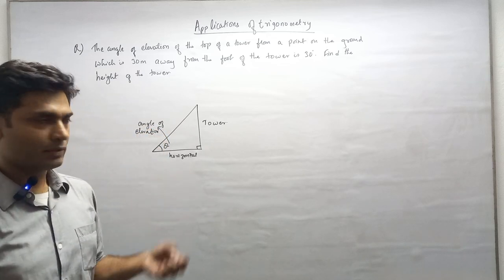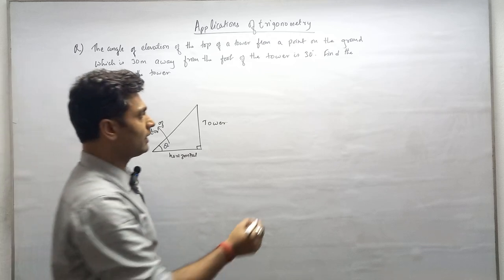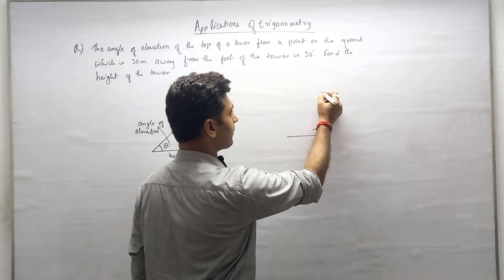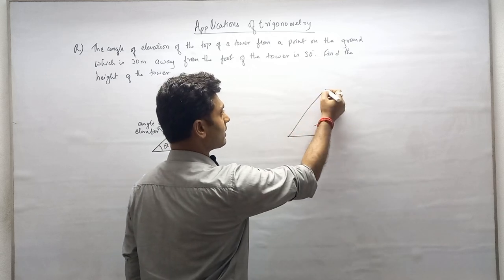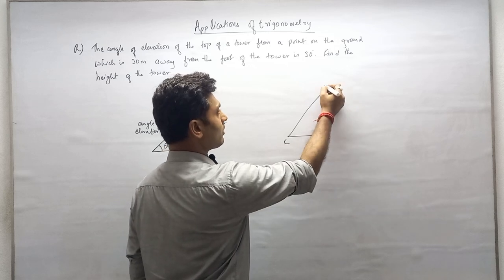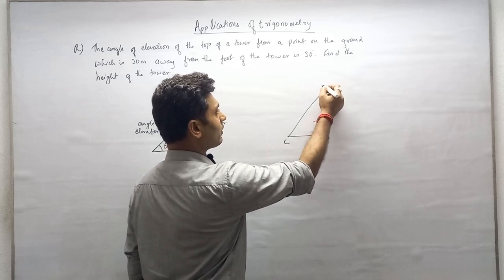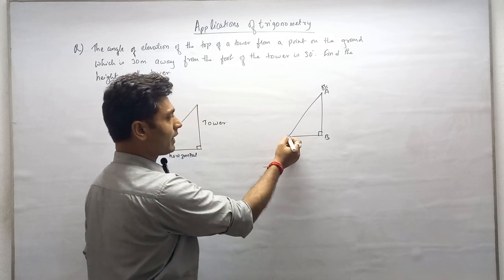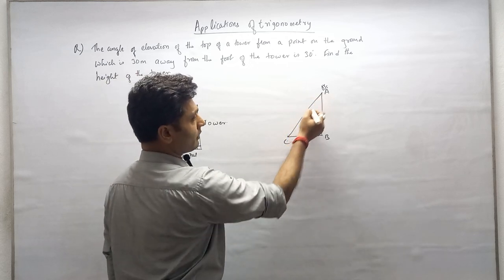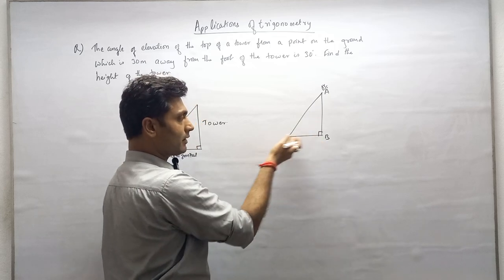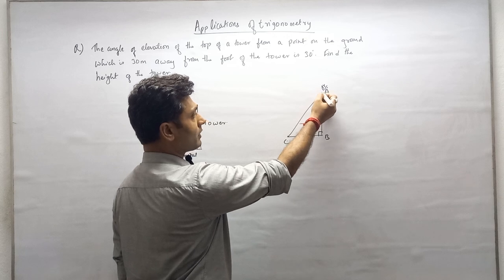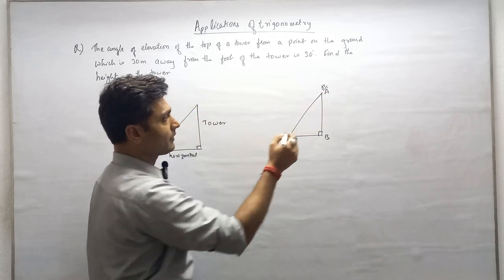This is one term. And the second is, let's say that you are at the top of the tower, and let me mark it as ABC. You are here at the top of the tower and you observe point C in the downward direction. This point C is here, let's say, on the ground. So from this point A, when you observe point C, you are looking downwards.